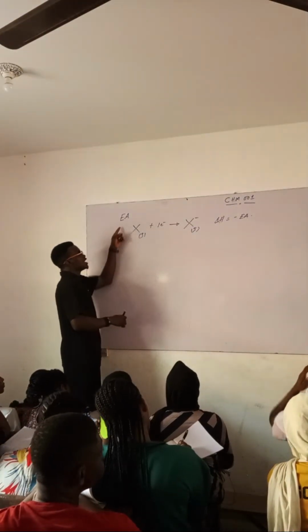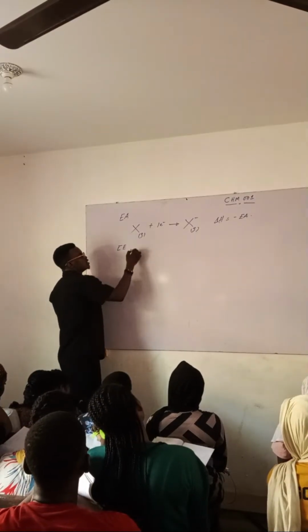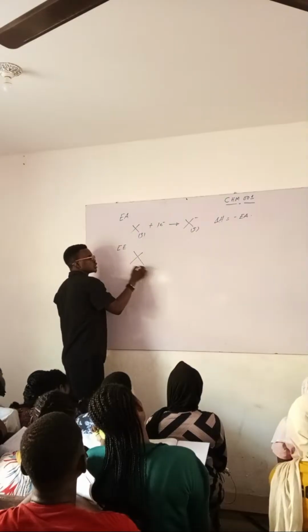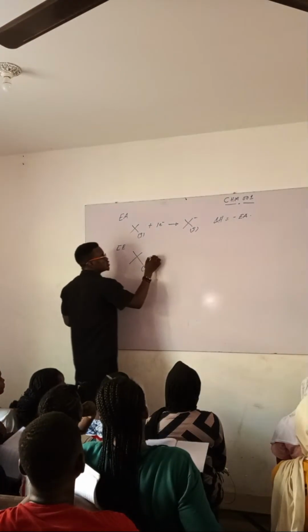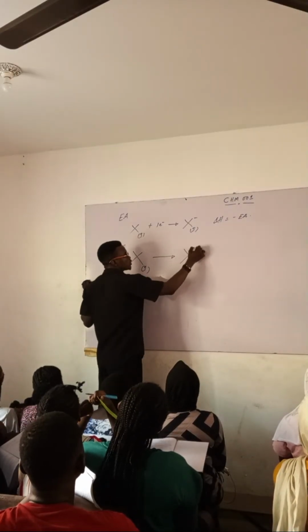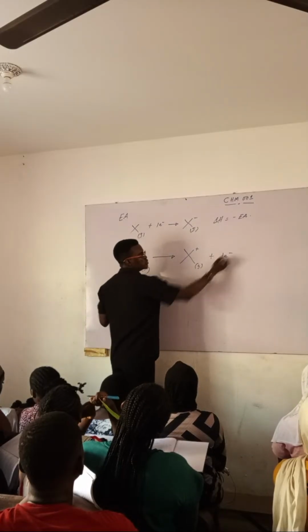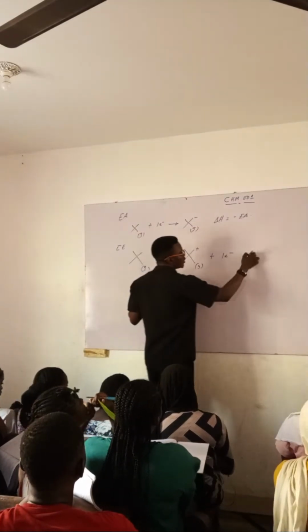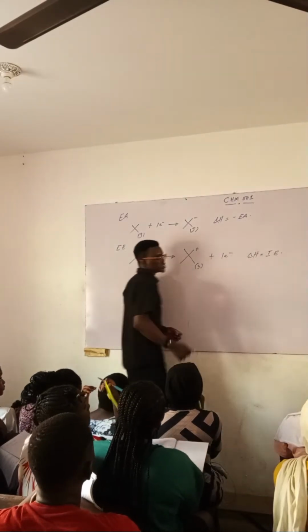The difference between electron affinity and ionization potential is that you need energy to remove an electron from a gaseous atom. So when you remove an electron from this guy, it forms X positive, and one electron is removed. So the energy involved in this case is called ionization energy.